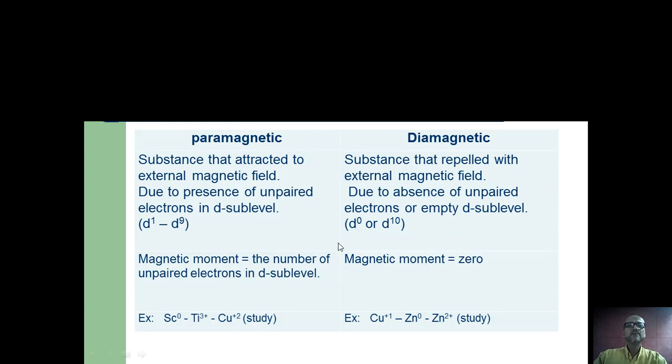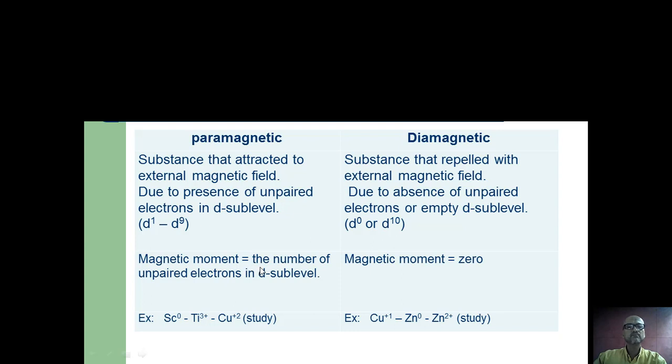So, summarizing this point, paramagnetic substances and diamagnetic substances: the difference is the presence of unpaired electrons or not. Okay? And you can study these examples below. The substance which is called paramagnetic has a magnetic moment.